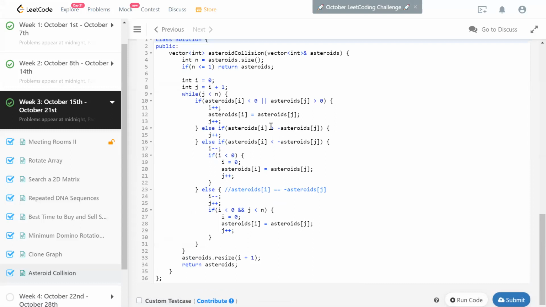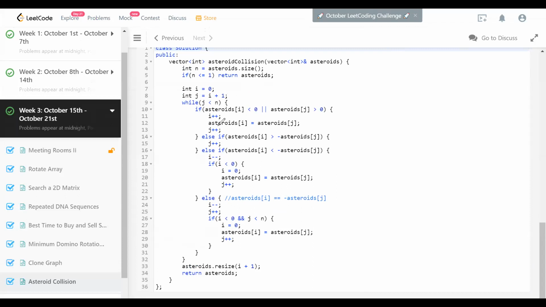It works pretty fast. It's easy to realize that it works in linear time, because look at this. In this loop, J is incrementing pretty much everywhere. In this case, it may not be guaranteed. It's incrementing here also, right? Only in this case J is not incrementing, but I is decrementing.